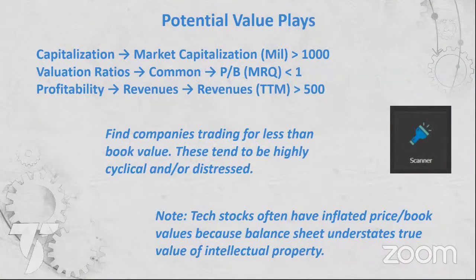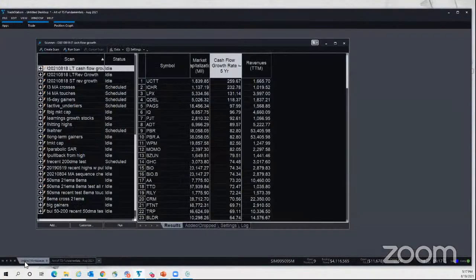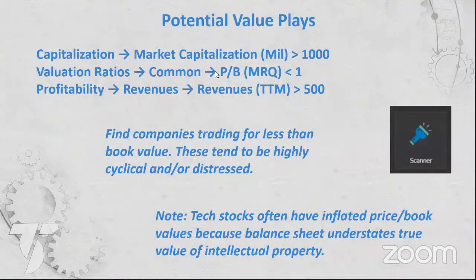Now let's show you how to find potential value plays. Let's go back to our scanner. We're going to look for companies that have a price to book under 1. The book value is a company's equity, which is basically the assets minus the liabilities.